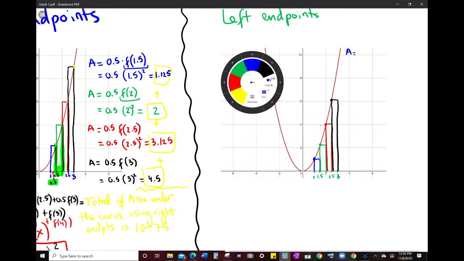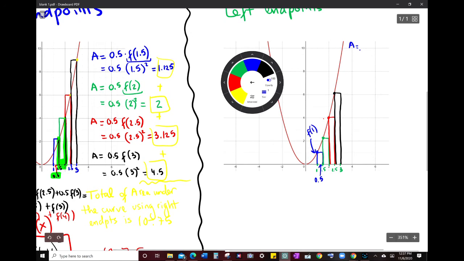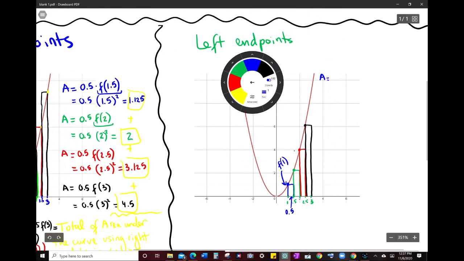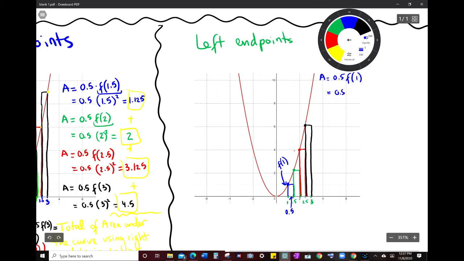I know the width for each rectangle is still 0.5, but the height is not f of 1.5 anymore, it will be the value of f of 1. So the area of the blue rectangle will be 0.5 times f of 1, and I have 0.5 times 1 squared, so it gives me 0.5.